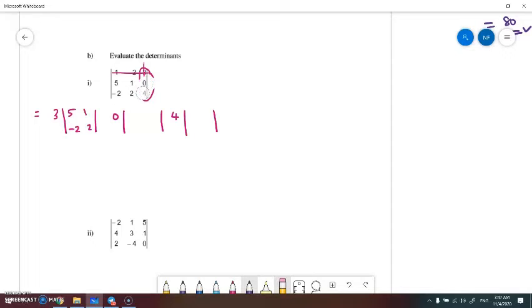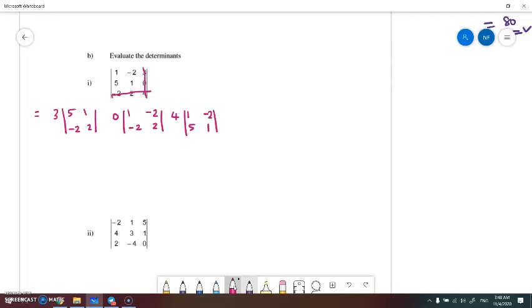And then you move on to 0. You close the row and column for 0. So this is the minor, negative 2, negative 2, 2. And then for 4, close the column and the row for 4. So 1, negative 2, 1.